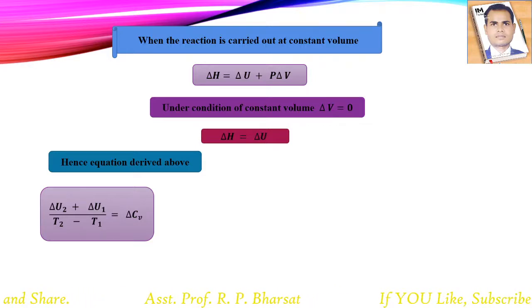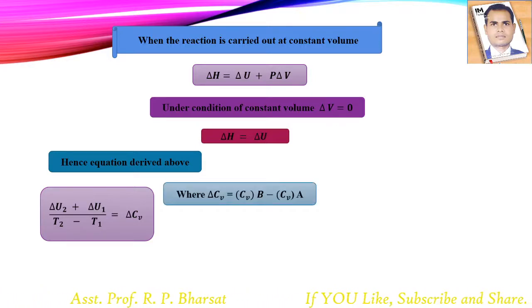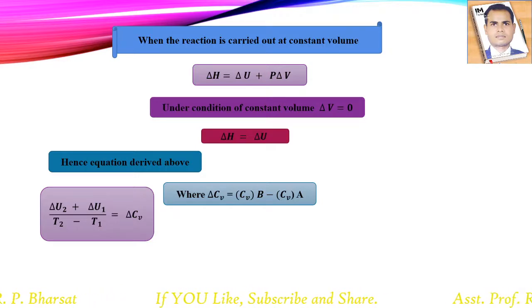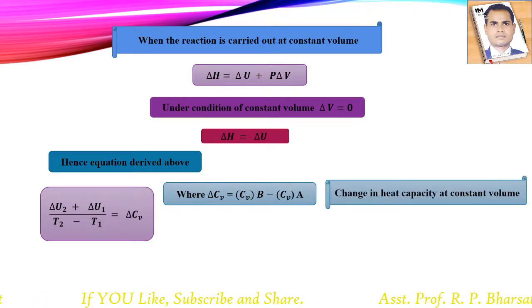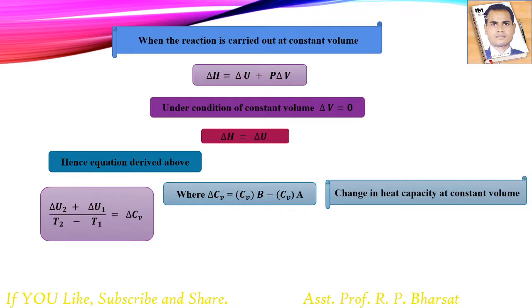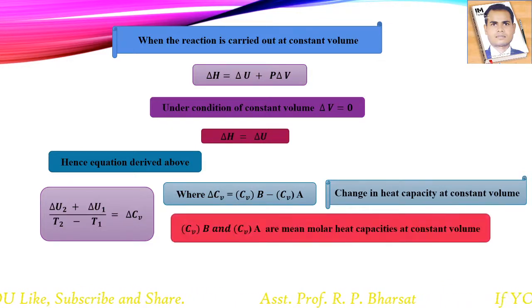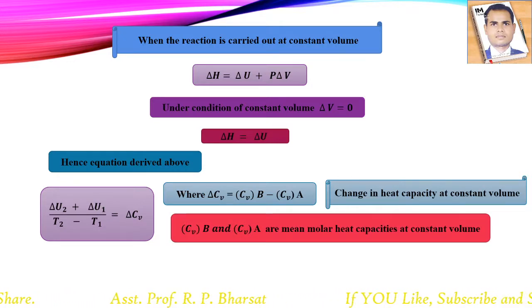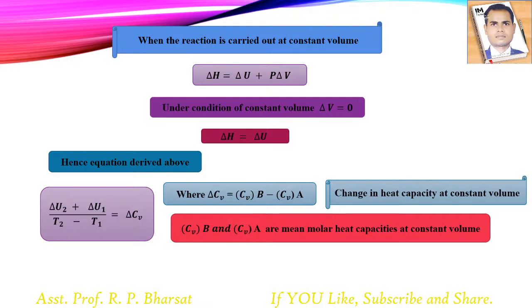And in this case, delta CV is equal to bracket CVB minus CVA, the change in heat capacity at constant volume. CVB and CVA are mean molar heat capacities at constant volume.